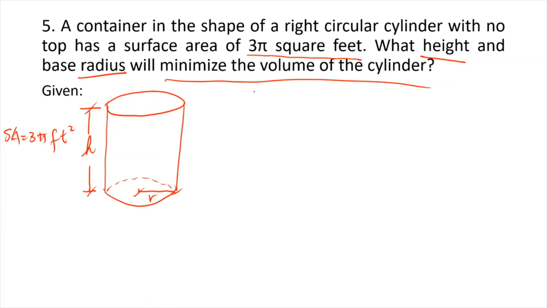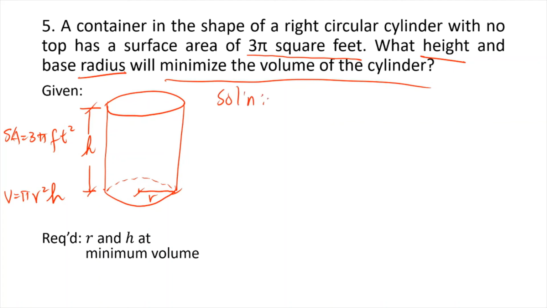So our primary equation should be the formula for the volume of a cylinder, and that's pi r squared times height. Again, we are asked to find r and h that will minimize the volume. Let's solve.